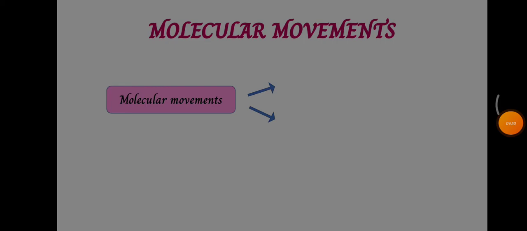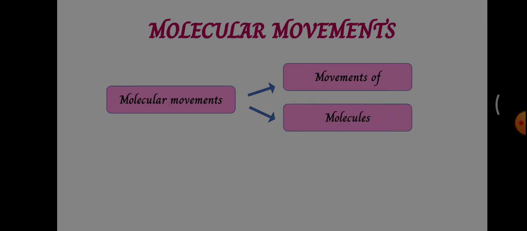Our next concept is molecular movement, and till now we saw about visible movements in animals and plants, but now we are going to see about the molecular movement. So here this molecular movement refers to the movement of molecules.